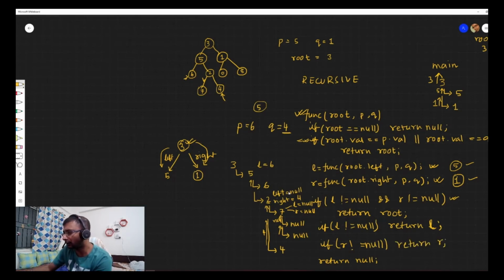So at 2, what we see is the left is null, but right is 4. So this condition is false. Right is not null, right has a value 4. So I return a 4, sorry, not to 6, return to 5.